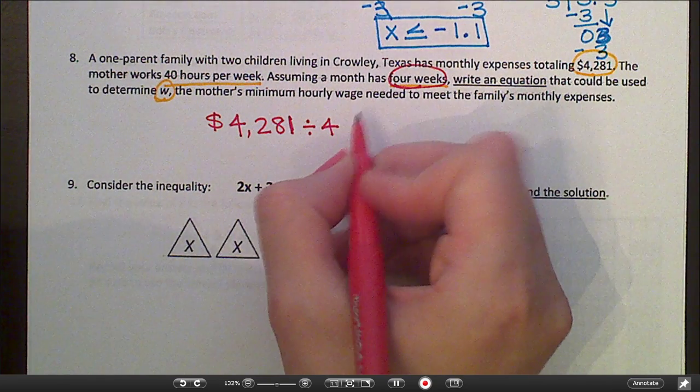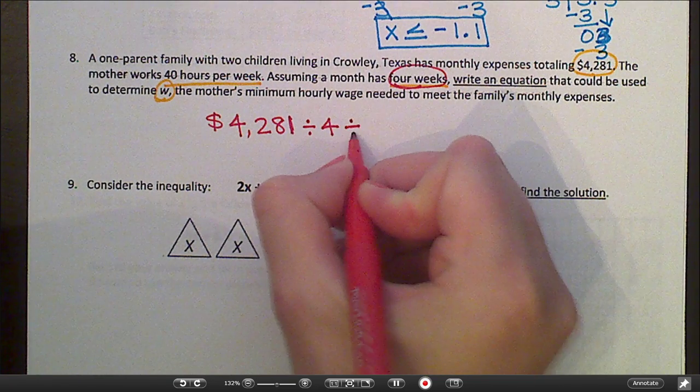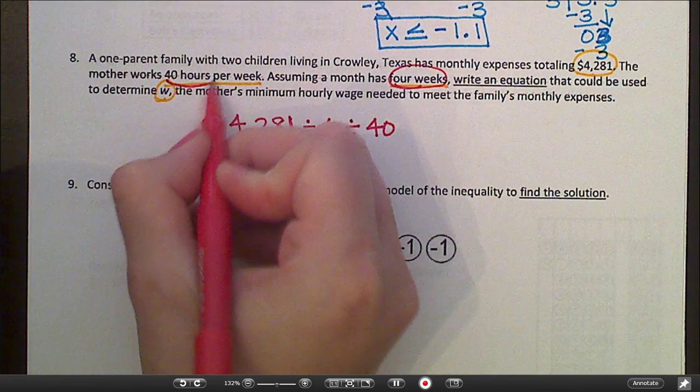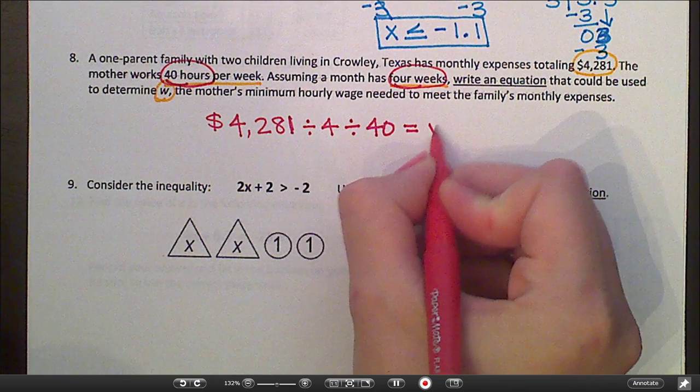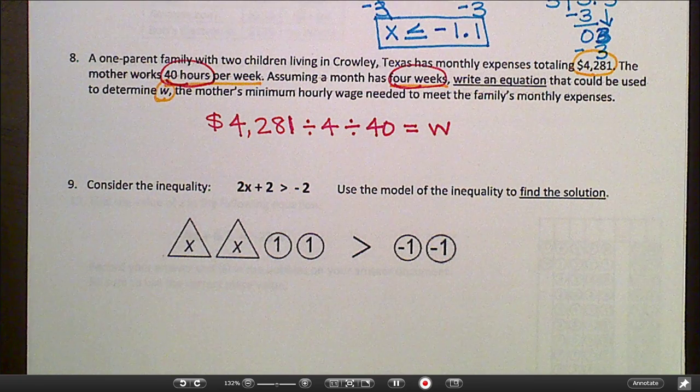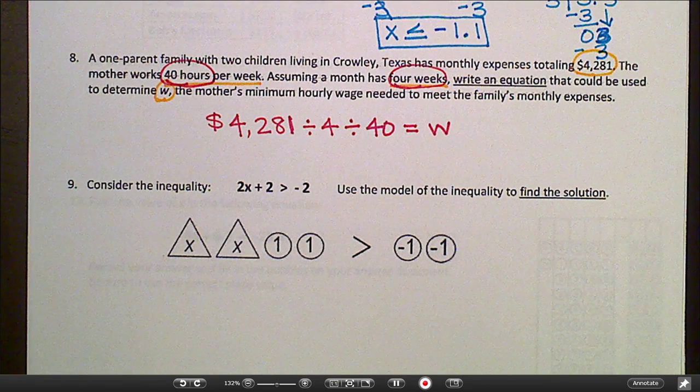And then once I know how much I need to make each week, I'm going to divide by 40 hours to see how much I need to make each hour. And that's going to give me W, or how much mom needs to make per hour.